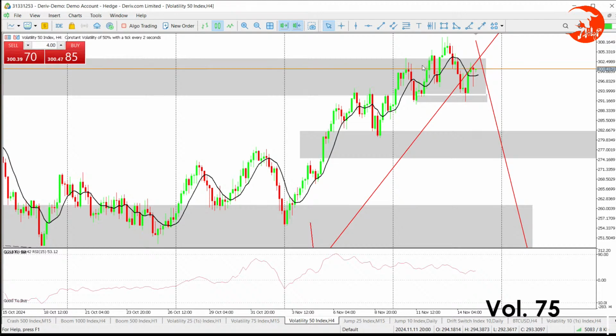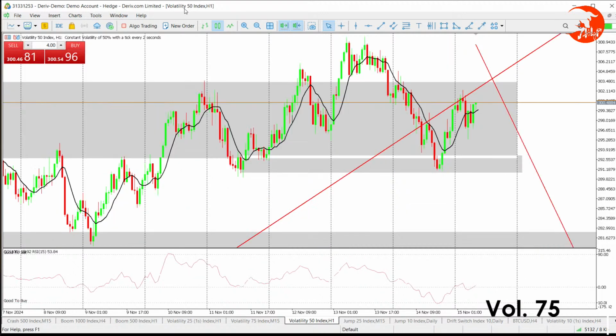Let me check. I have a high. So a change of character gave me a low here, which was on the support level there, and then after reaching that level it bounced back. Now it is on that order block of H4.